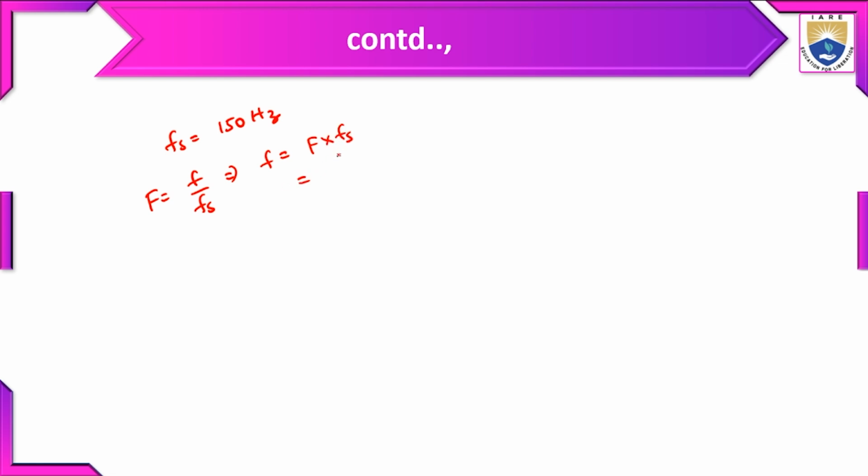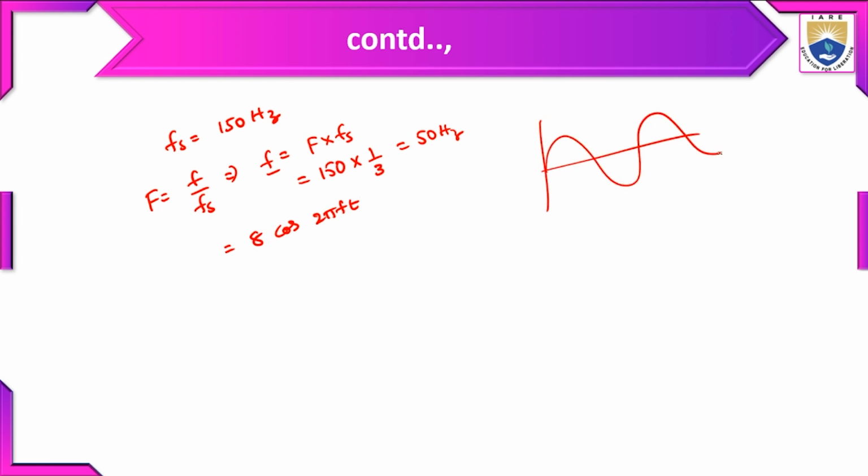Here the Fs value is 150 and the given F is 1 by 3. So 150 into 1 by 3 is 50 hertz. What is 50 hertz? Small f. So the continuous time signal would be 8 cos 2 pi f t. Here t indicates continuous time, so this is a continuous time signal.